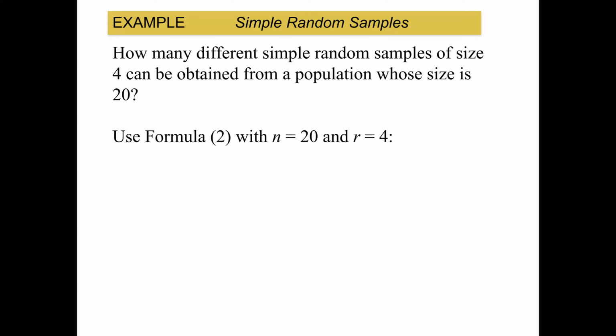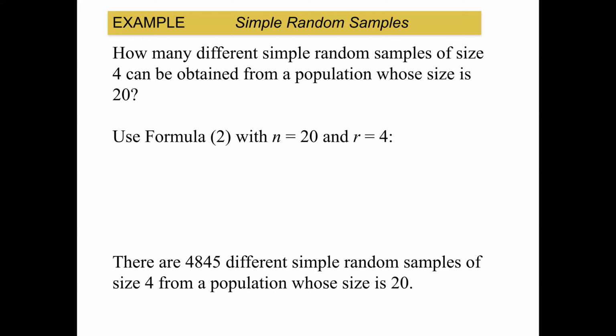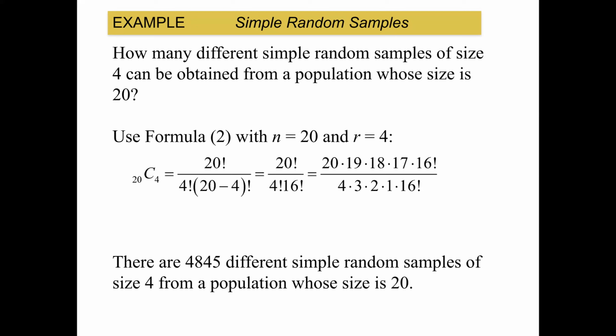So we're going to use formula 2, which is combinations, where n is 20 and r is 4. Here is the formula, right there. n is 20, r is 4. Here's 20 factorial. And again, the easy solution here is to cancel out 16 factorial in both. 20 minus 4 factorial is 16 factorial, so we can take advantage of this.